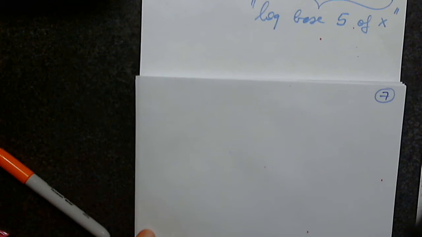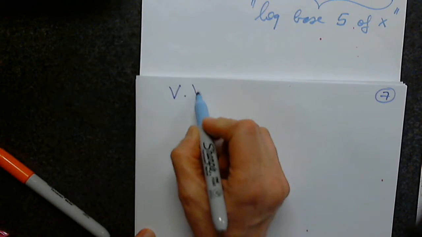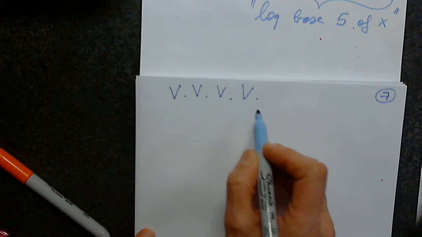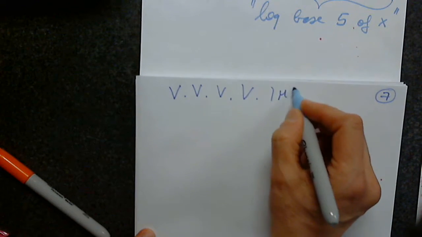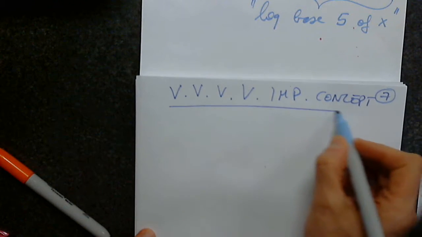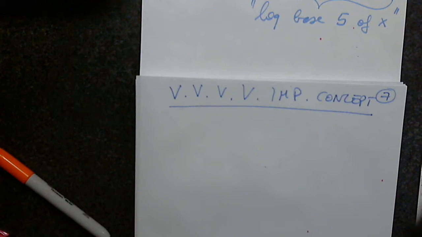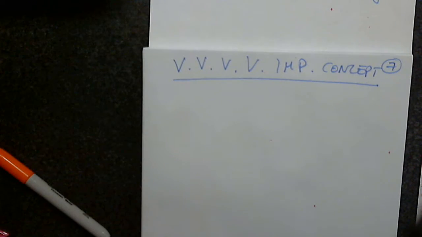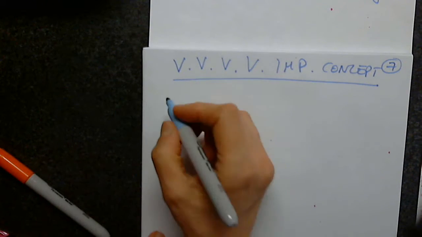However, I cannot show that to you without presenting the very, very important concept in this entire chapter. There is not one more important concept than what I'm going to write right now in this chapter. And here it is. I'm going to write it in plain English first.